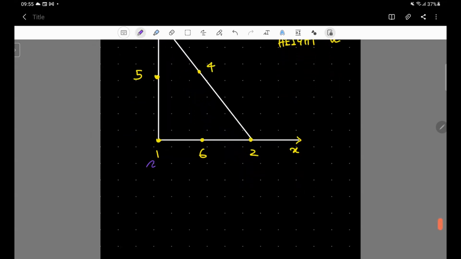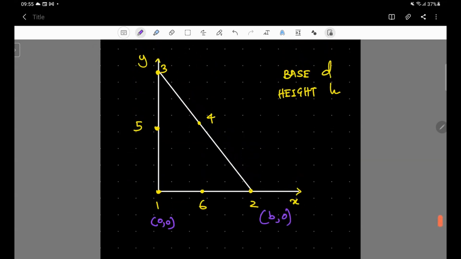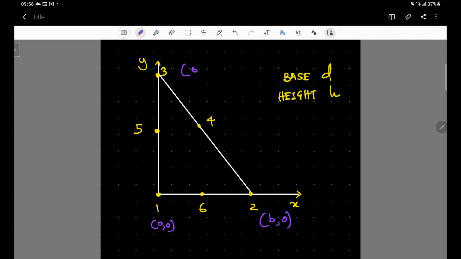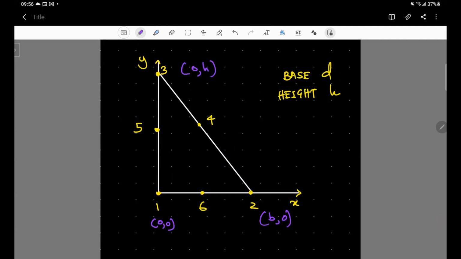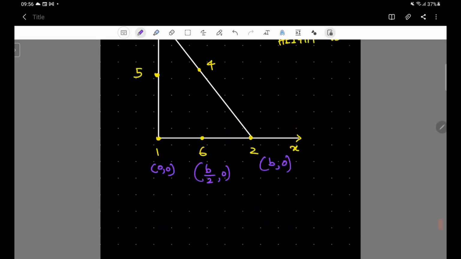So let's take the origin at node number 1, which corresponds to (0, 0). Node number 2, since our base has a dimension B, is (B, 0). Node number 3 has a height of H, so it's (0, H). Node 6 is the mid-side node of the base, so it's (B/2, 0).